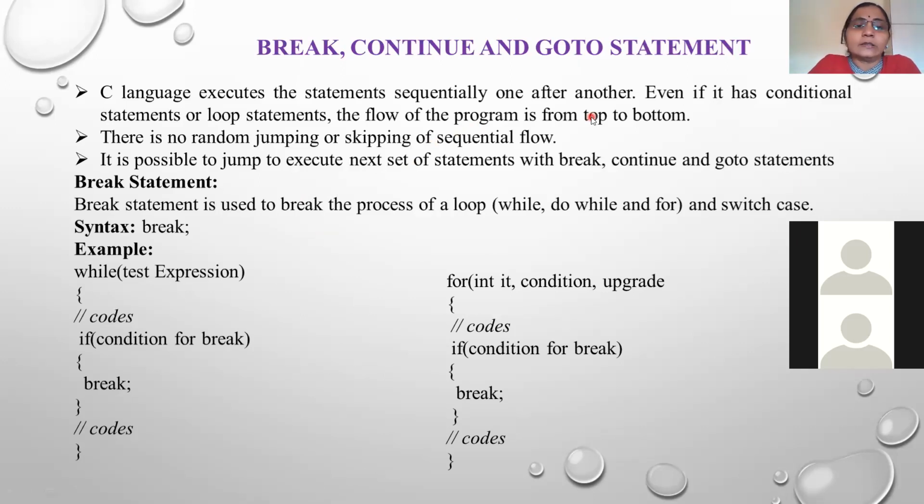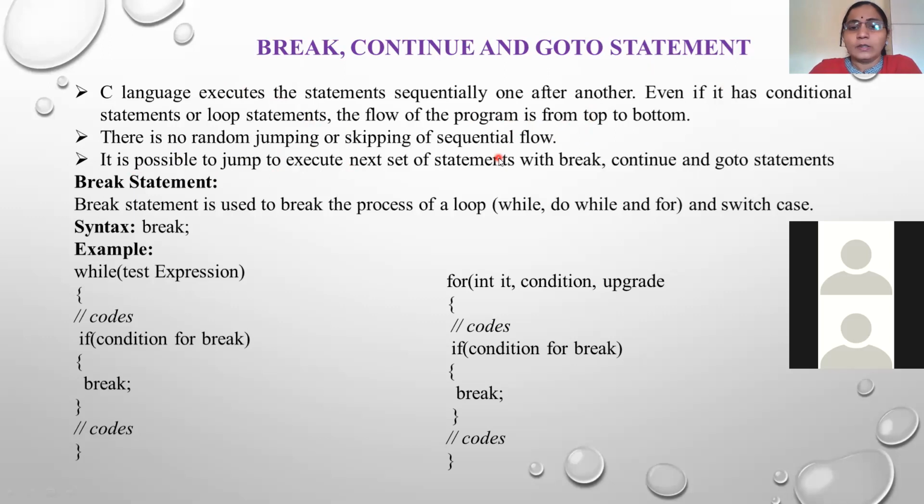All of you know that the execution of a C program is from top to bottom: the first statement will be evaluated, then the second, then the third, then the fourth. Even if it has conditional statements or loop statements, the flow of the program is from top to bottom, with no random jumping or skipping of the sequential flow.